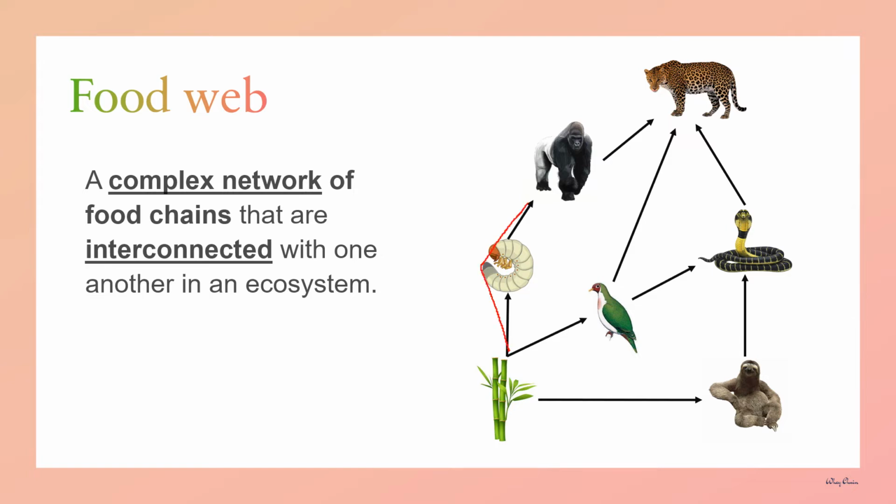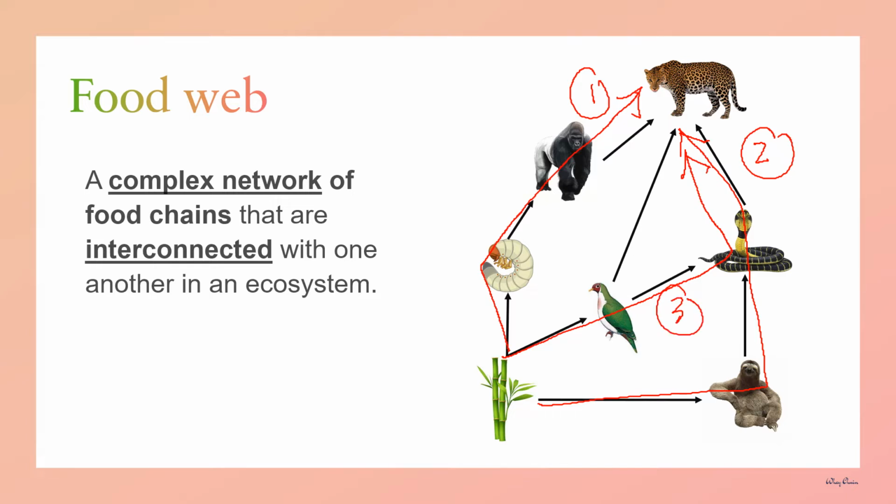So we can notice here is one food chain, second, and we have the third one and the fourth one. Always remember, one food chain always begins with the producers.